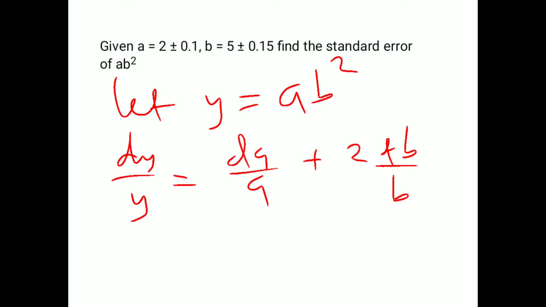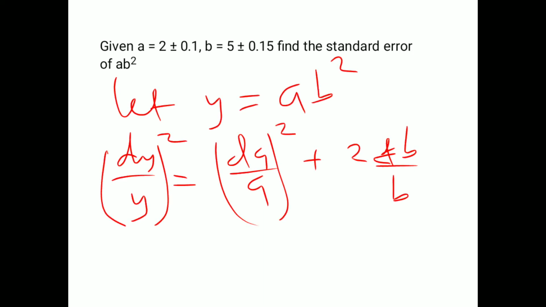Now, if it was absolute error, this is what we would have used to solve. But now this is standard error. That means we'll square each of them.